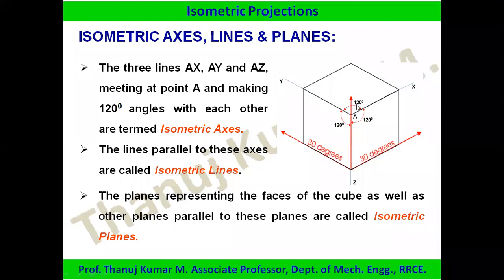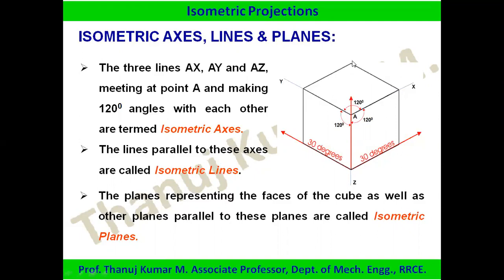The lines parallel to these axes are called isometric lines. I can take this line, this line, or this one. Either I can take this one or the other one. So all these lines are called parallel lines.